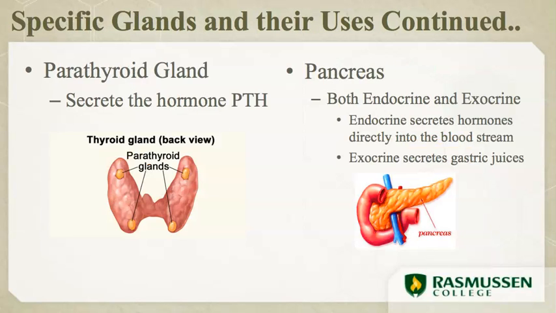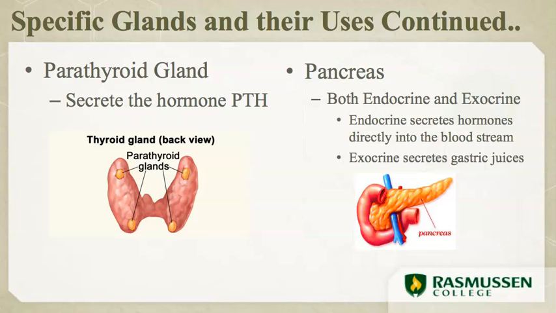Your parathyroid gland is considered to be both an endocrine and exocrine gland. The exocrine function is in the secretion of gastric juices to the small intestine via a duct system, and the endocrine gland function resides within the islets of Langerhans, which is a small cluster of cells in the pancreas.